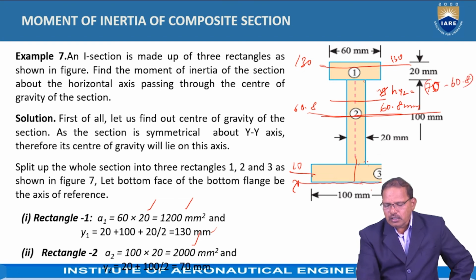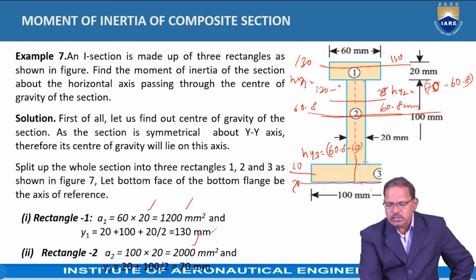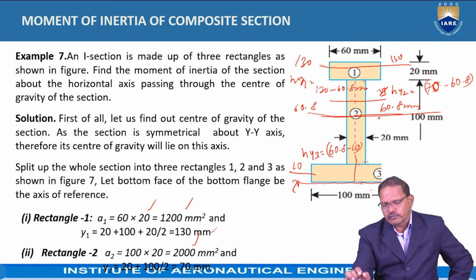Similarly, hy3 is equal to 60.8 minus 10 mm. For the first one, hy1 is equal to 130 minus 60.8 mm. We have to take the difference of these values.